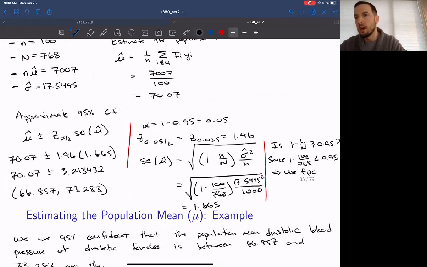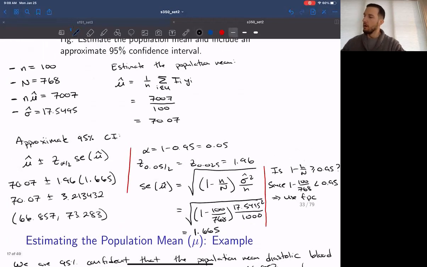The confidence interval is the natural tool because it is a range that gives us an idea of where the true mean might be located. And the same thing with the population total.